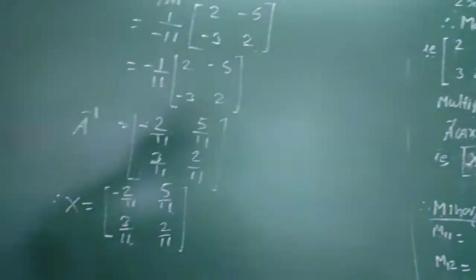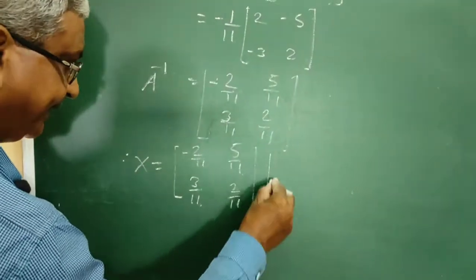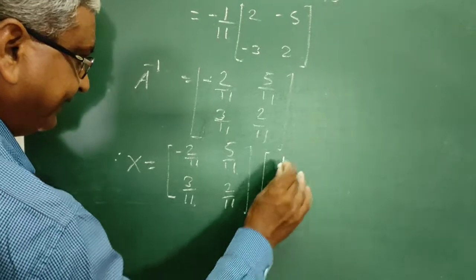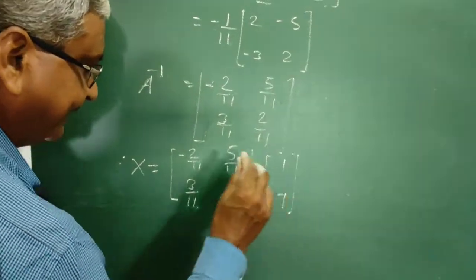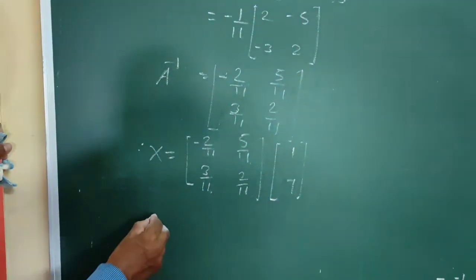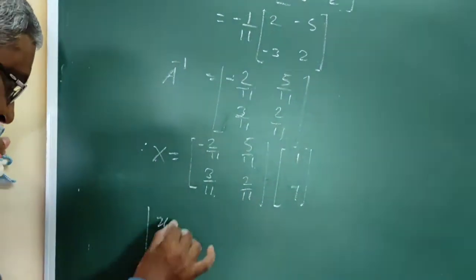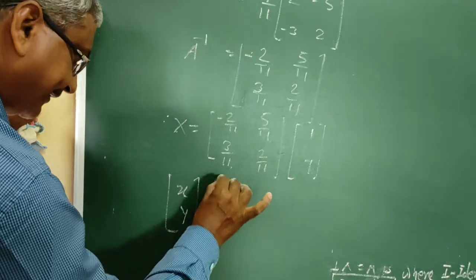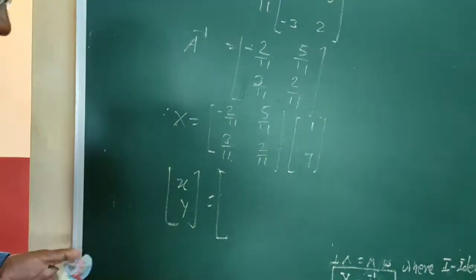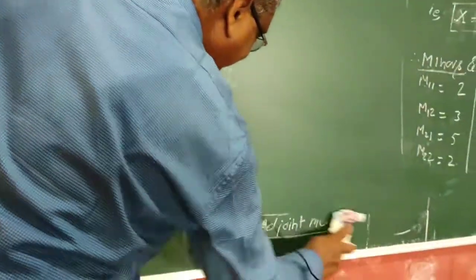So we multiply by this matrix B, that is 1, 7. So we take the multiplication of this. X is written in the form of x, y, and you will get the result as rows into column.